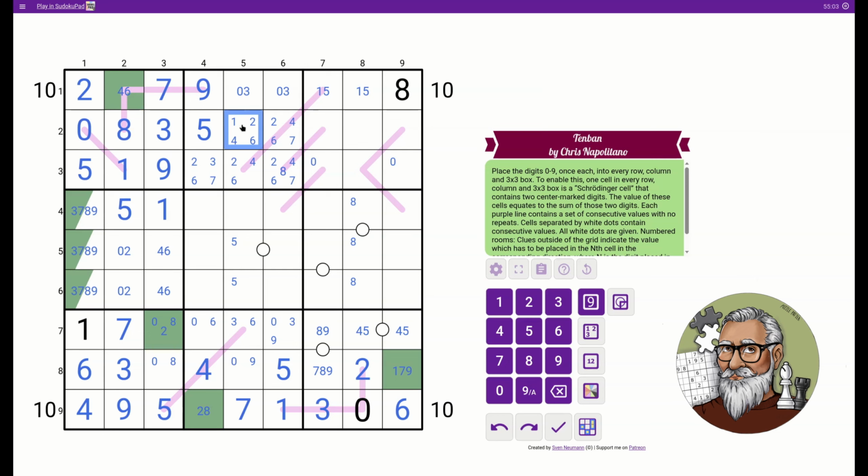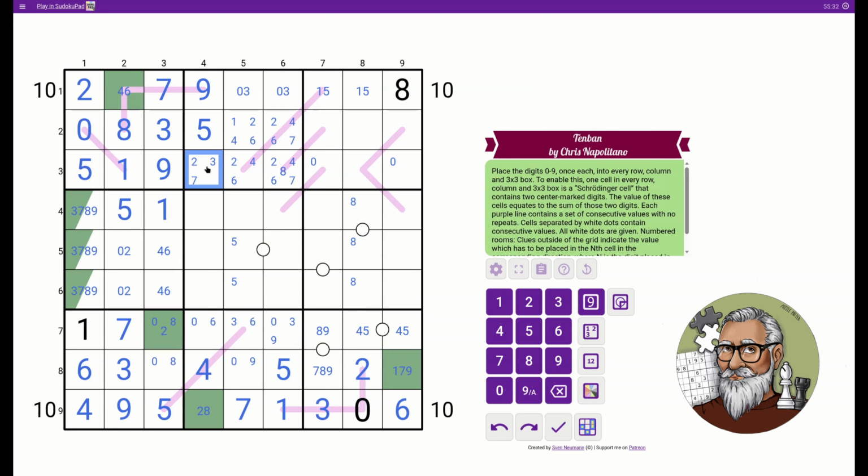If this is 1 and it's not green, could those be 2 and green? 2, 4 still works, yeah. 2, 4 to get to the 6. So this would be 2, 4 and this would be 7. This one isn't 6 because it's definitely not green.